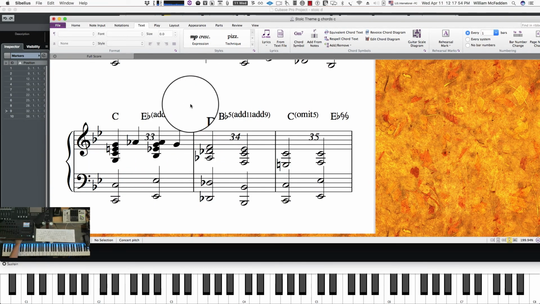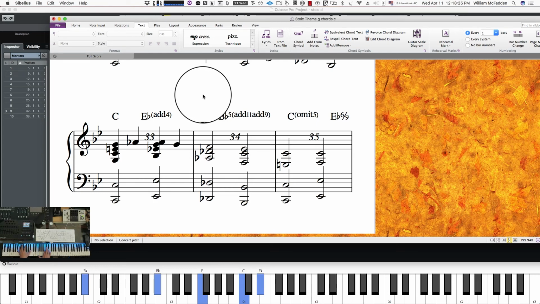So in 34, we have the D flat, and then we are down to a B flat. And we've actually added the 4 and the 9. So here's the 9 here. And then here's your 4. That's the 5th. And we're omitting the 3rd.